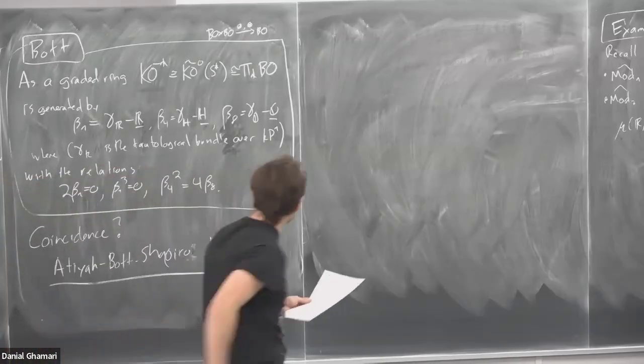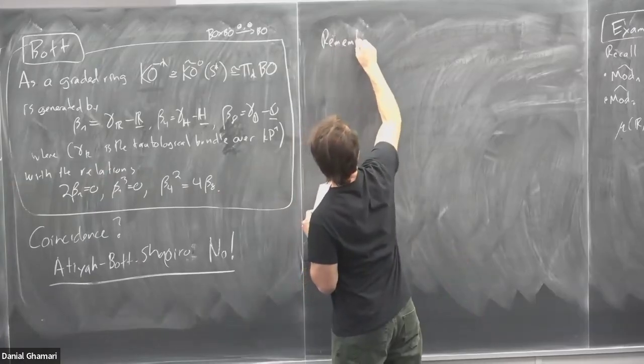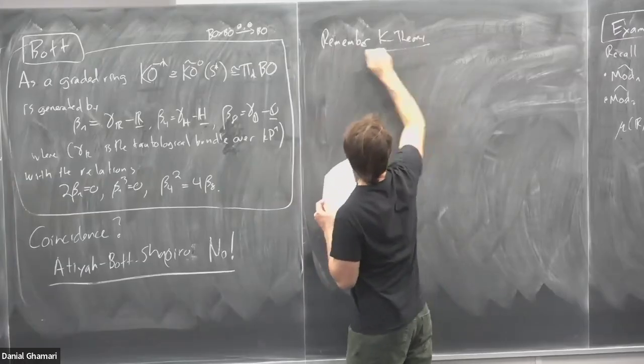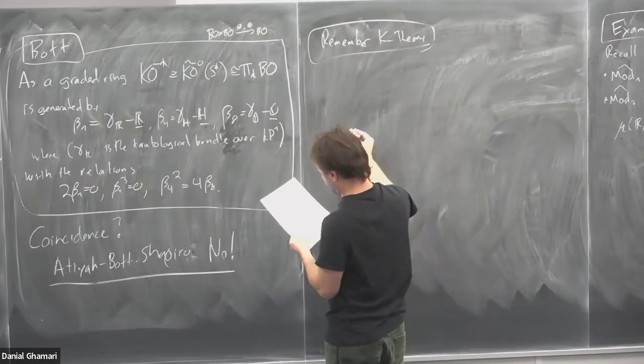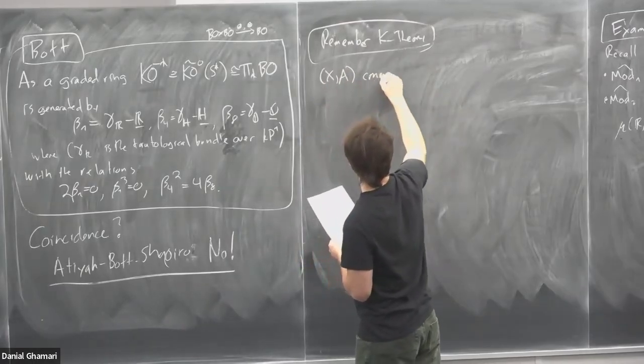All right, let's go. Remember K theory? We talked about K theory last time, and we will very briefly recall the important bits. Let X be a compact Hausdorff space.